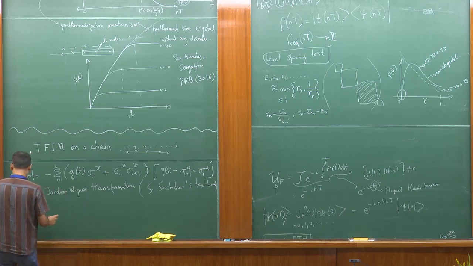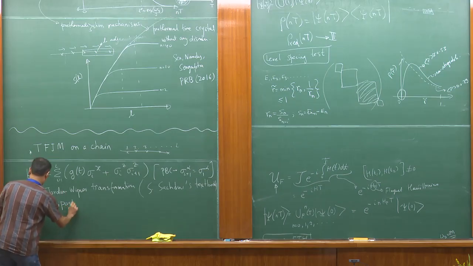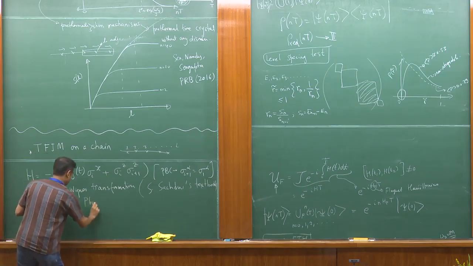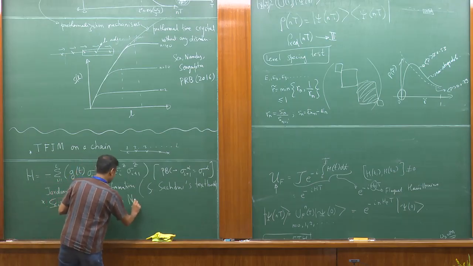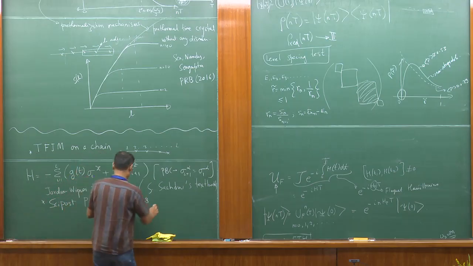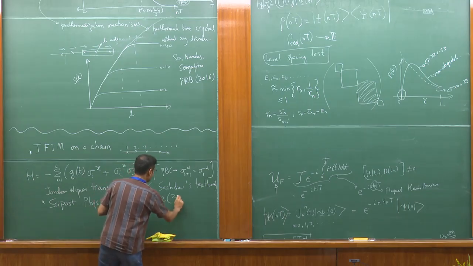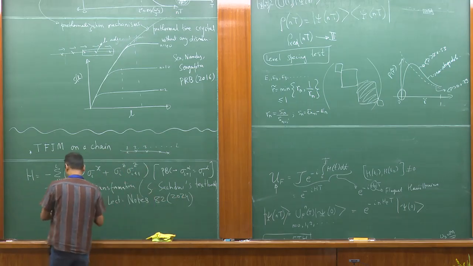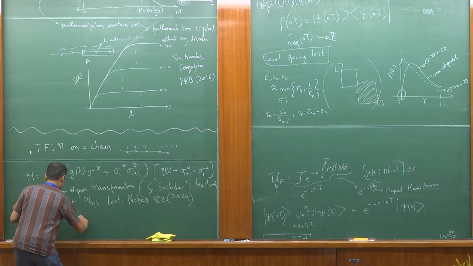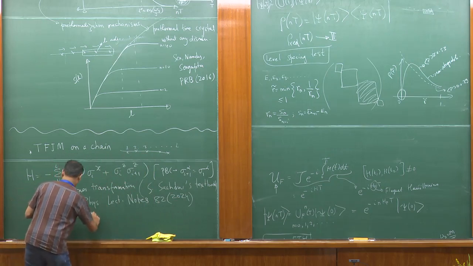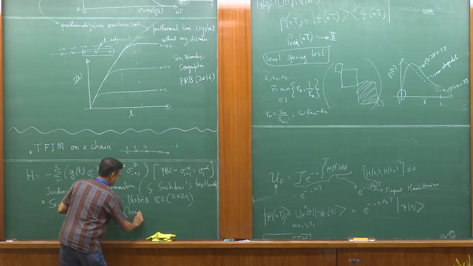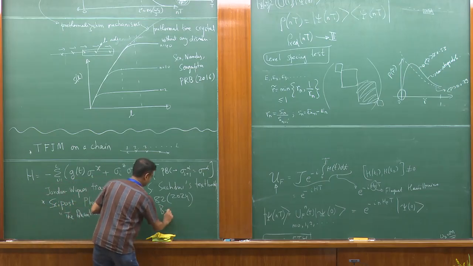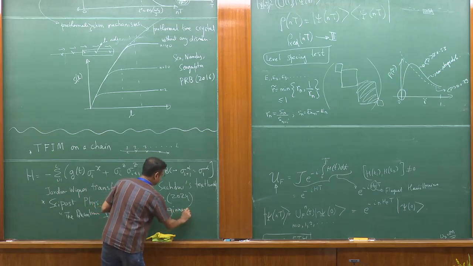I'll just write the reference: SciPost Physics Lecture Notes 82, 2024, the quantum Ising chain for beginners.